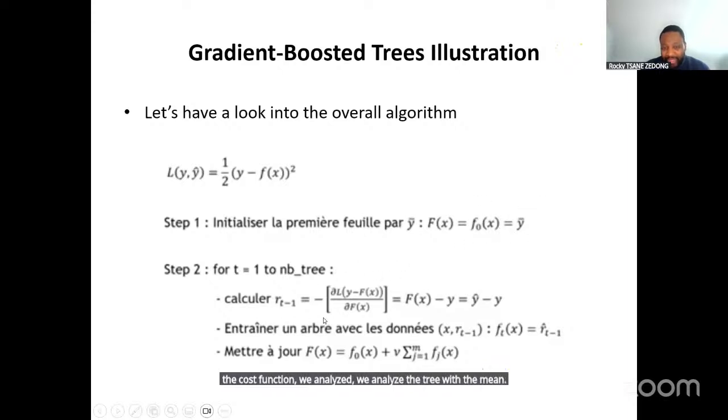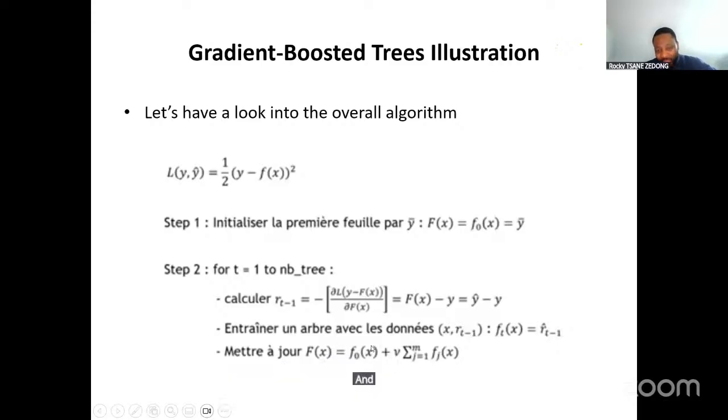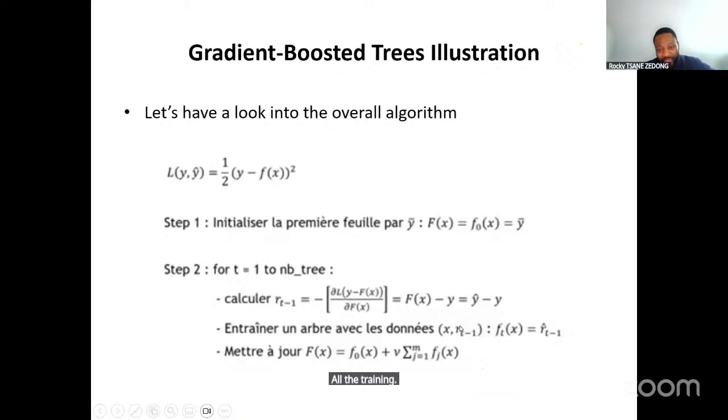We calculate the residue here, which trains a tree with the data, and update this tree by adding the sum from the first one, the mean, and all the training factors constituted by the residue and the data.